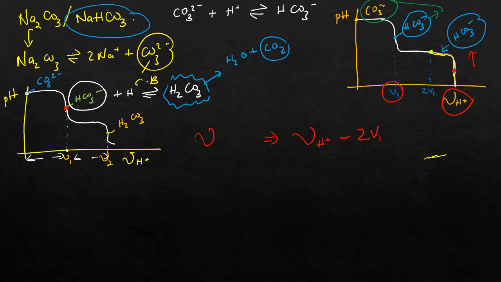So let me just recap everything I've said so far. Your mixture is going to start with the carbonate converted to bicarbonate, and the bicarbonate being converted to what? Your carbonic acid, H2CO3.